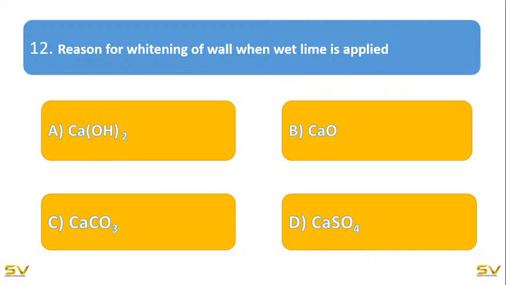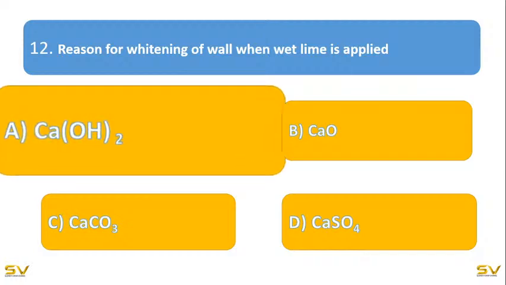Yes, I got answers from Charan, Aisha. Yes, it's option A. Charan typed 12. It's option A only. Why? Because calcium hydroxide, when metal hydrogen carbonates and metal carbonates are involved. So in this situation, Ca(OH)2 is responsible for the whitening of wall.